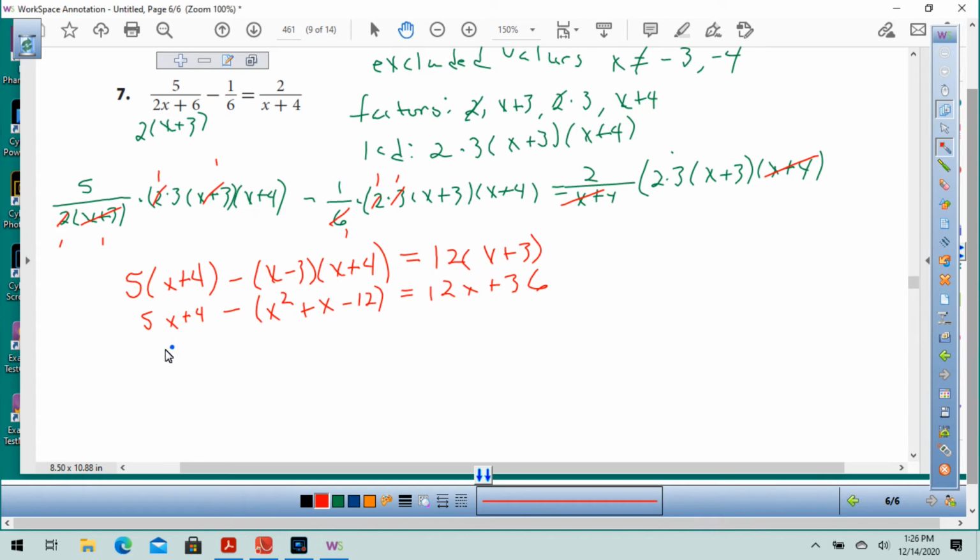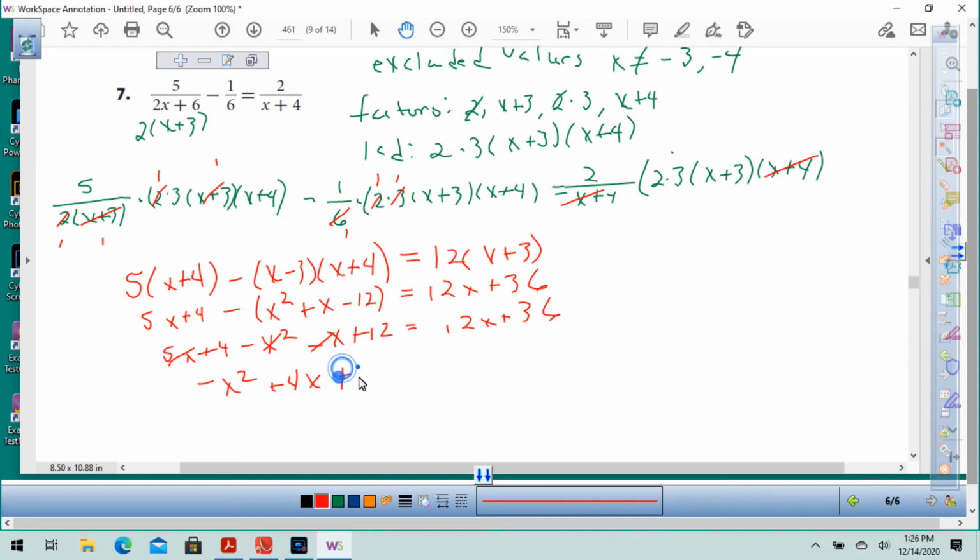So I got 5x plus 4 minus x squared minus x plus 12 equals 12x plus 36. So I got negative x squared. All right, now I got 5x minus 1x gives me plus 4x. And then 4 plus 12, that's plus 16 equals 12x plus 36.